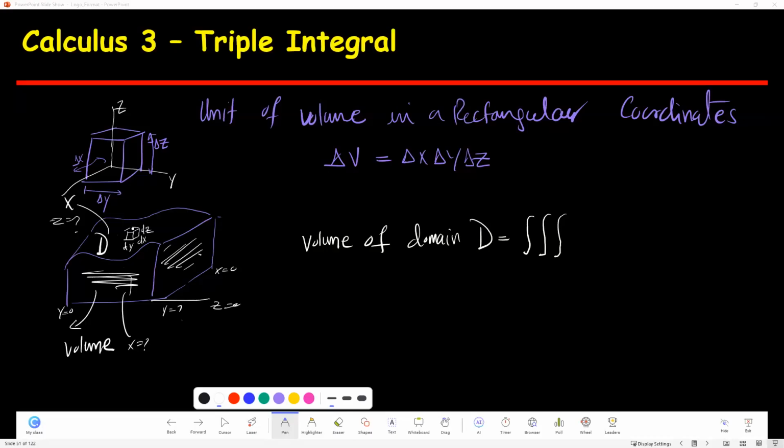So I'm going to write this little thing, I'm going to call it dV, which is basically this cube. This can also be written delta V. So I'm going to write here dV, and here I'm going to write the domain.